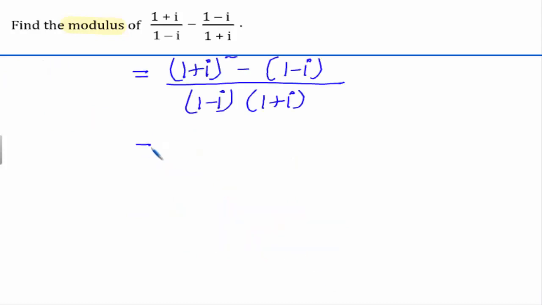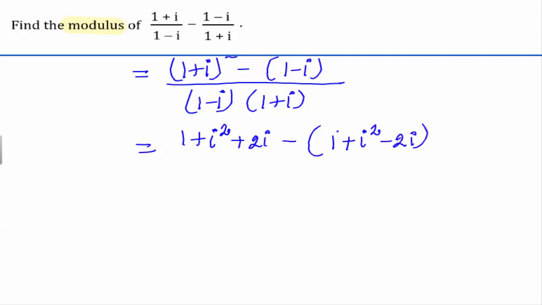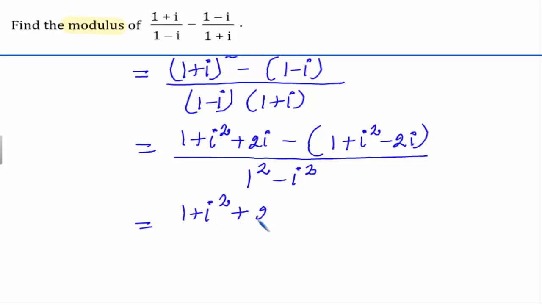This will be equal to 1 plus i square plus 2i minus 1 plus i square minus 2i. In the denominator we have 1 square minus i square. This will be equal to 1 plus i square plus 2i. Let us open this bracket.